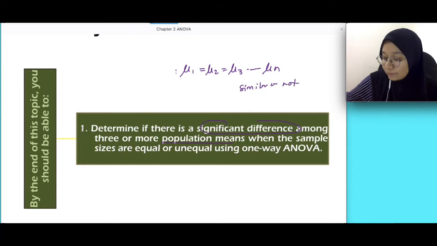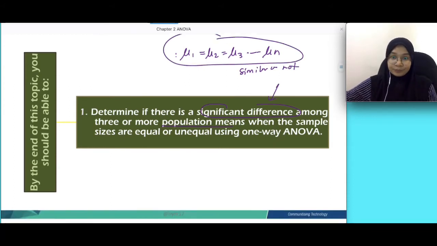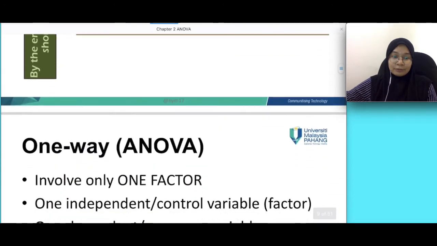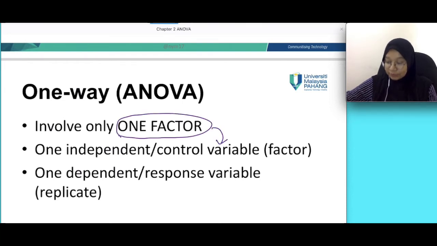Is there any significant difference between these population means? So what is one-way ANOVA? One-way ANOVA, as I mentioned, involves only one factor, meaning only one independent variable, and we have only one dependent variable.